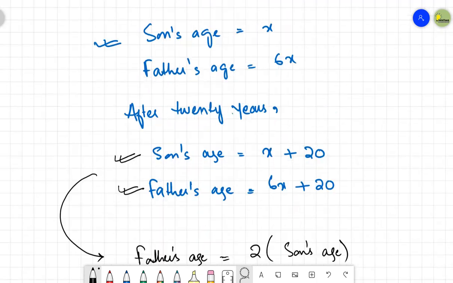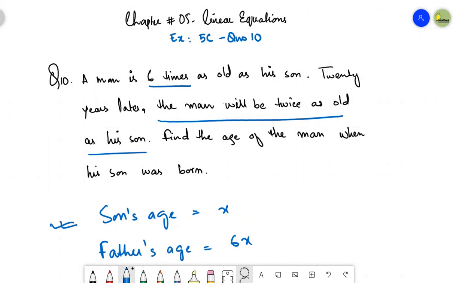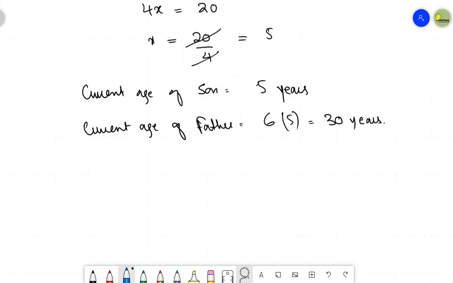So going back to the question, what exactly do you need to find? You have to find the age of the man when his son was born. When the son was born, it must be 0 age, right? So in order to make this value 0, you must have the age of son 0.